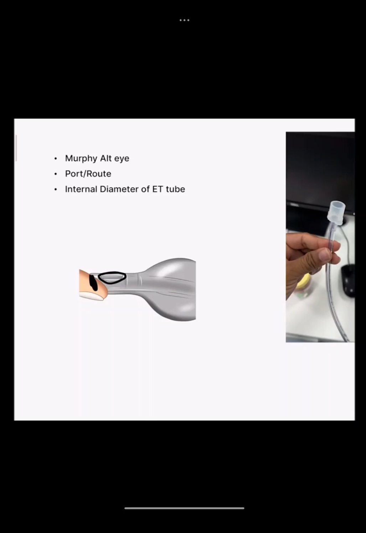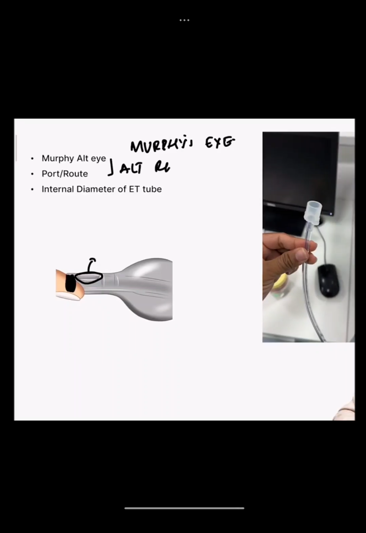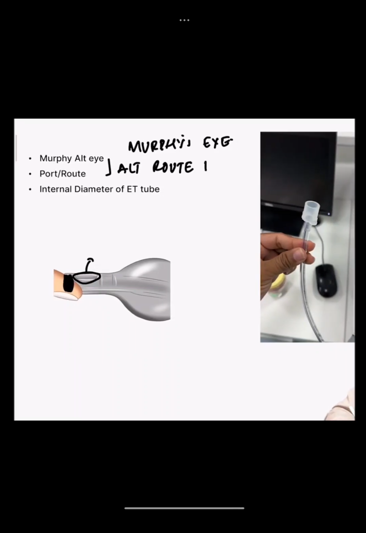Why is that opening there and what is it? Basically, if we put the patient on a ventilator for a longer period of time and, due to secretions, the main opening, the bevel end of the tube, gets blocked, the patient can be ventilated through the other opening, which is called Murphy's eye. Murphy's eye provides an alternate route for ventilation.